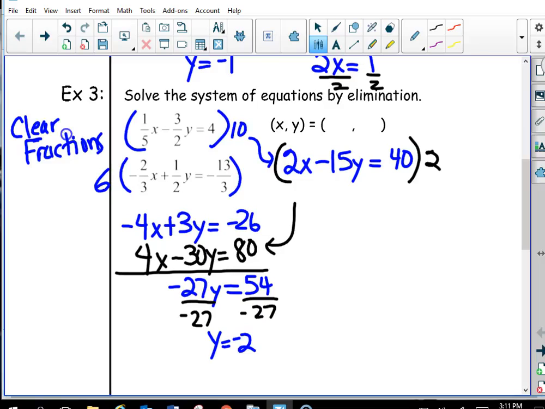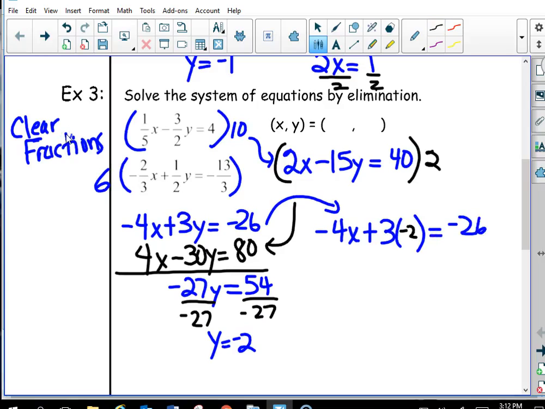And that's a negative. All right, so I'm actually not going to pick the original equation. I'm going to pick the simplest of the two to solve for x. So I get negative 4x, I don't know if it's the simplest, plus 3 times negative 2 equals negative 26.